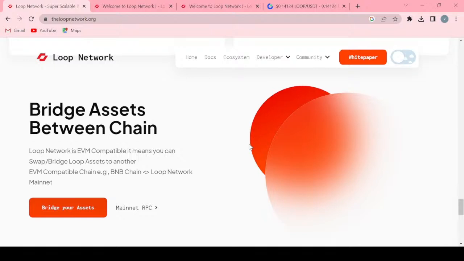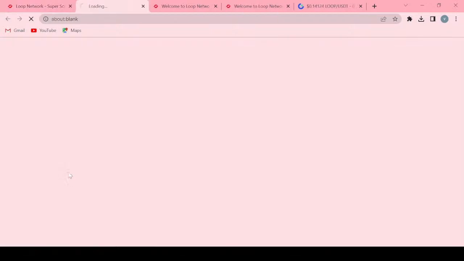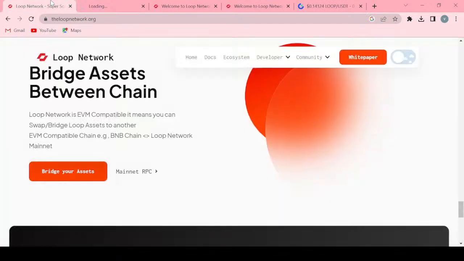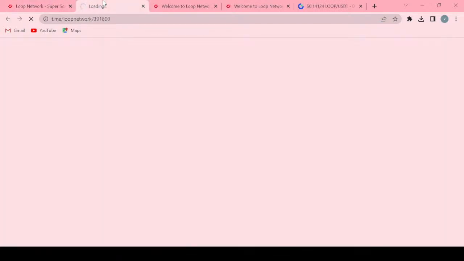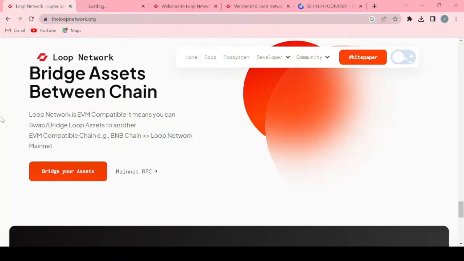They are comparing their compatibility with the BNB chain. So how can you bridge your assets in the Loop Network? Let's get into how to bridge your assets into the Loop Network. Let's give some time for the process to load.